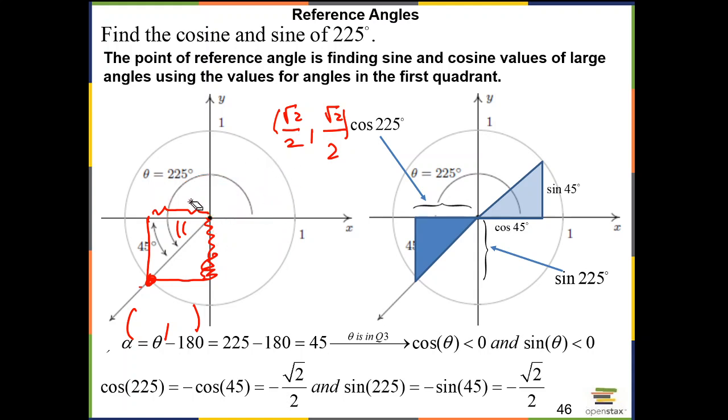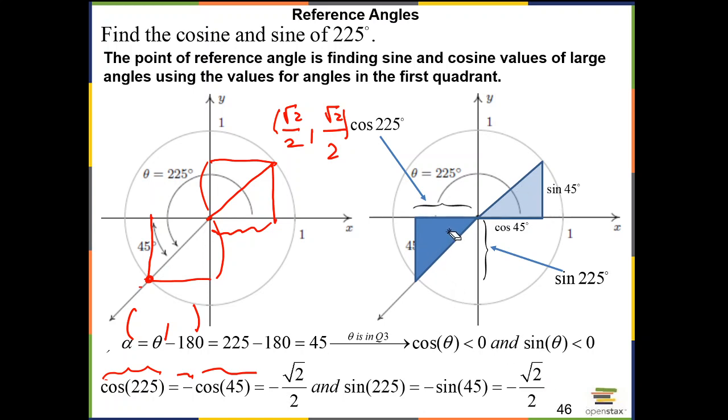So that means the cosine of this angle is the same as the cosine of this angle, except it's negative. So we say cosine of 225 is negative cosine 45, and so that's negative square root of 2 over 2. And the sine of this angle, that distance, is basically that distance negative. So sine of 225 is negative sine 45, so it's negative square root of 2 over 2, right?